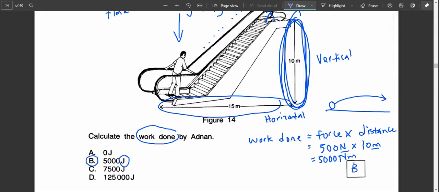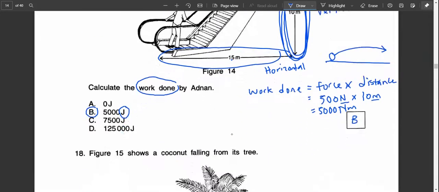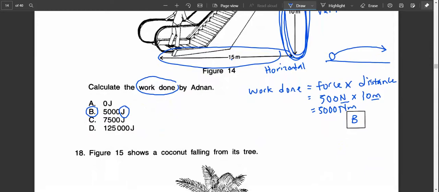Now, when should you use the horizontal distance? The time you use horizontal distance is if you push an object straight like that. Let's say this is Adnan, and he pushed the object from A to B, and the distance is 15 meter.